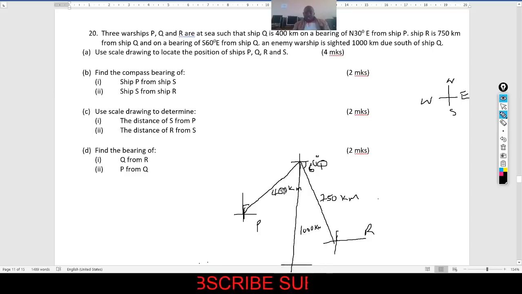Remember, you're using a scale. Use a scale drawing to locate the positions. You have not been told the scale, so you think of your own scale. If I let 1 centimeter represent 10 kilometers, 400 would be 40, which is too big.